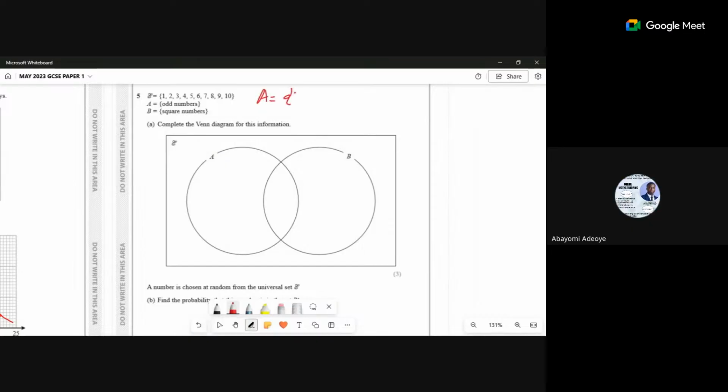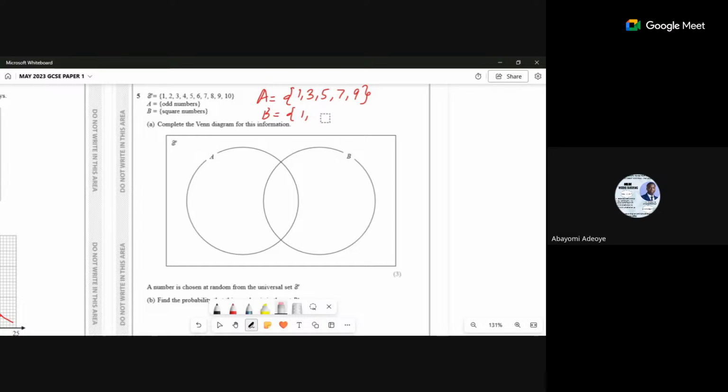What are the odd numbers in that set? 1, 3, 5, 7, 9. Okay. What are the square numbers? What happens to 1? 1, 2, 4. No, 2 is not a square number.